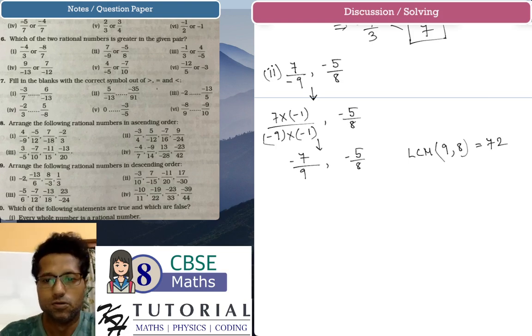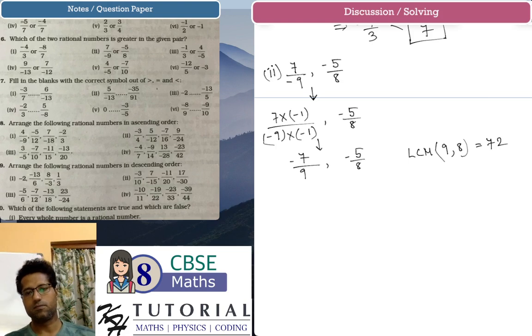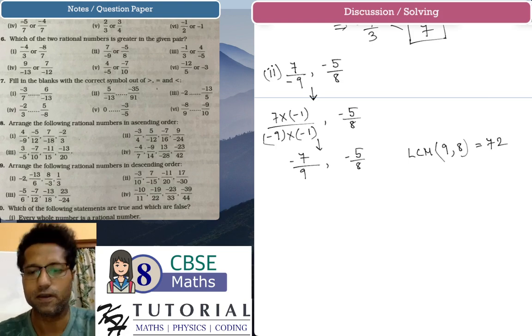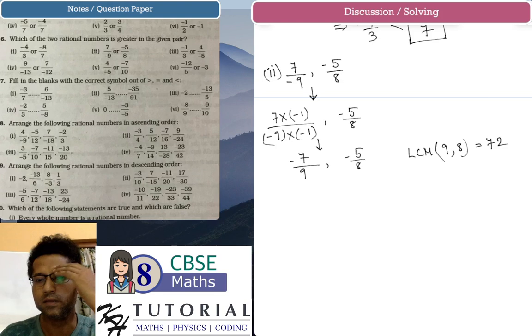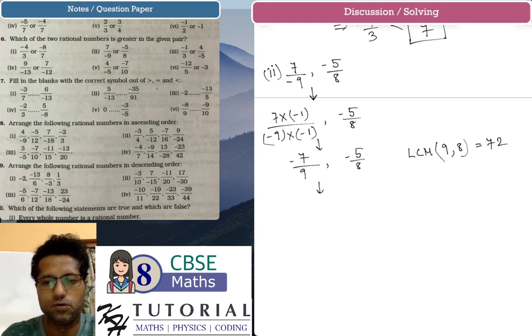Okay. So now we have to convert these two rational numbers minus 7 by 9 and minus 5 by 8 to their equivalent form, so that the equivalent rational numbers will have a denominator of 72. To convert minus 7 by 9, we have to multiply both the numerator and the denominator with 8.